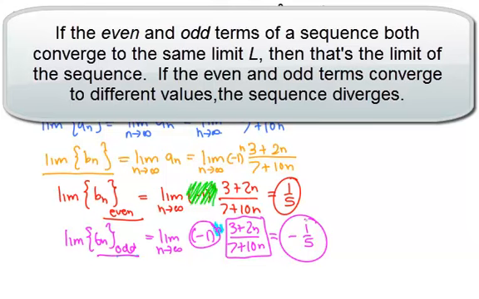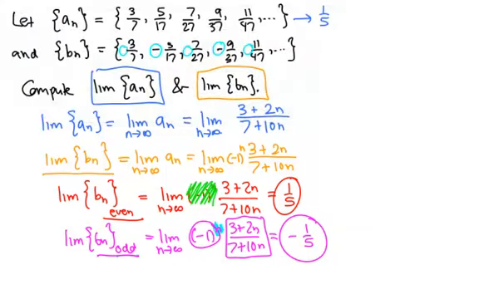Remember that the definition of a limit said that you had to be approximating a single value, and this isn't. It's trying to oscillate between two other ones. And so our only conclusion is that this sequence cannot converge. So we're going to write that the sequence bn diverges. And we sometimes say it diverges by oscillation, because every other term is jumping back and forth between two different values.